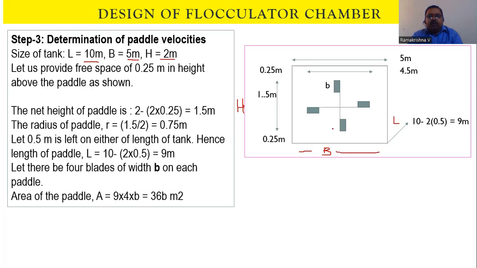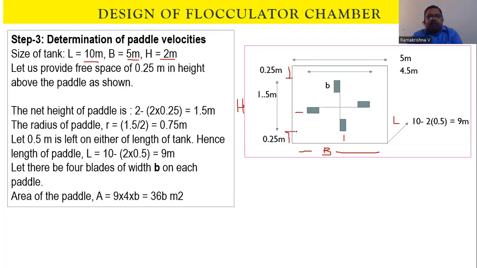Now you remember, you should give some spacing on both sides of the blades with respect to walls, and the blades with respect to the floor. So I'm assuming one single paddle system here, and assuming 0.25 meters spacing, I'm leaving from the top and from the bottom also.